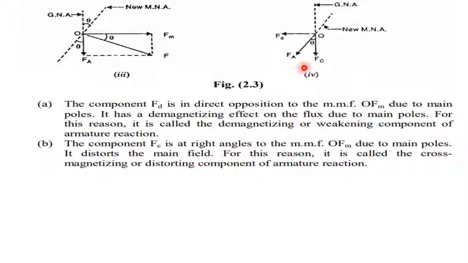And there is one more, the FC component. It is at right angles to the MMF OFM. It distorts the main field, so this is called the cross magnetizing or distorting component of armature reaction. Now this is about the armature reaction, what the types of armature reaction are and how the armature reaction takes place.